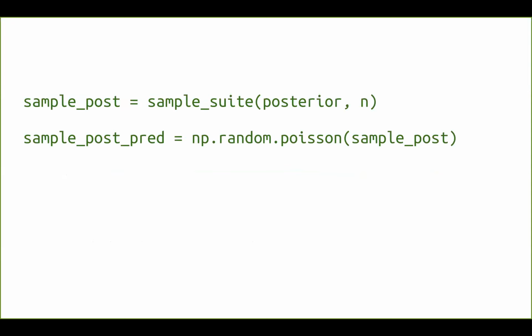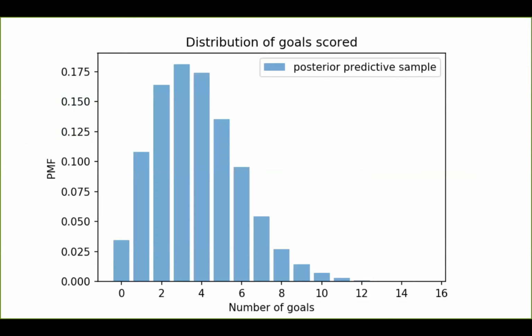That sample post is a sample of mus. If I now pass that as a parameter to NumPy random Poisson, I get the predictive distribution, which is a sample of possible goals for the next game. Here's what that distribution looks like.